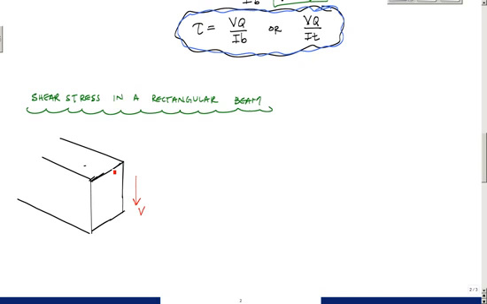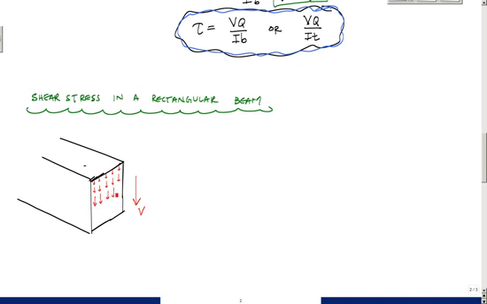So if I take a cut of a beam that's loaded and I find that it has some internal shear V acting downwards here, what I want to tell you, and I'm going to prove this to you, is that if I look at little increments of the shear stress right here, they are acting in the same direction on the surface as the direction of the shear, and they're distributed parabolically.